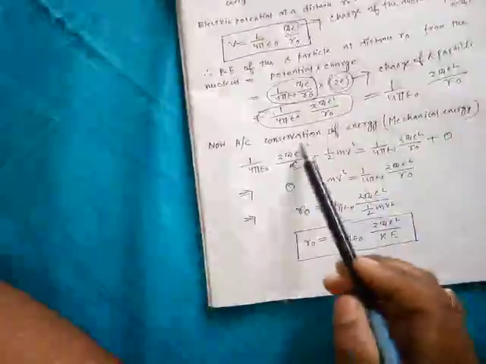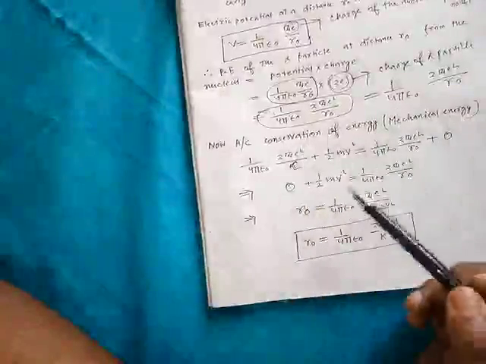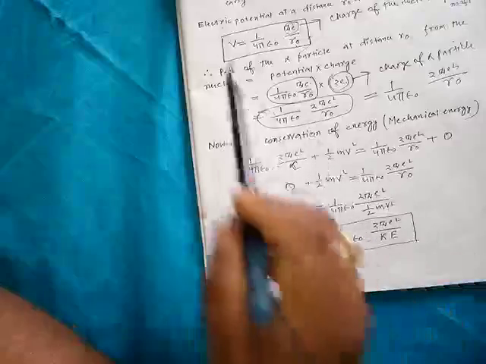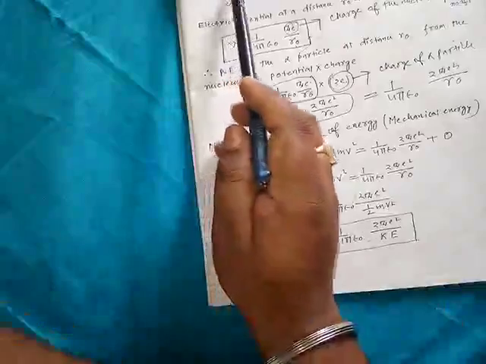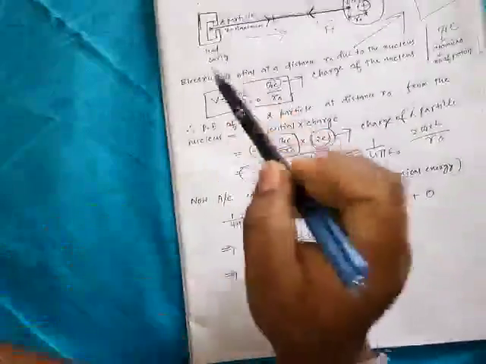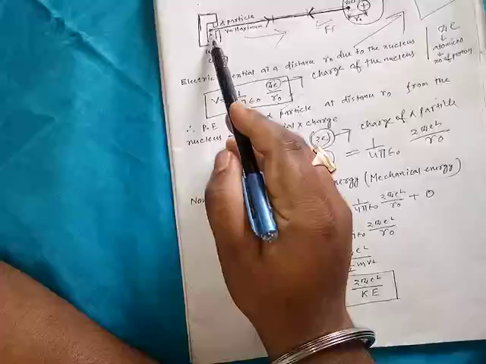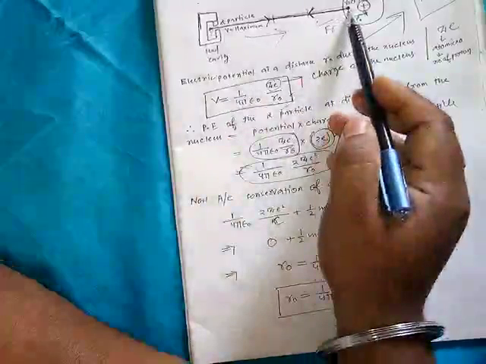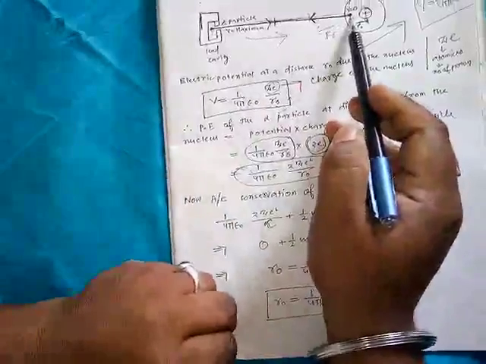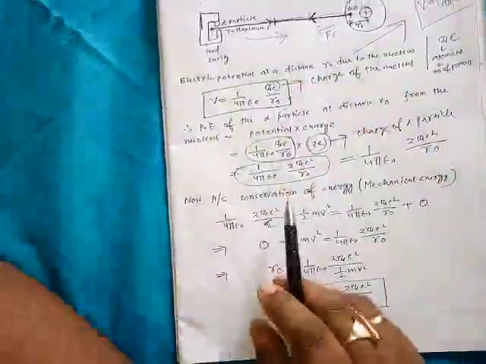Now, according to conservation of energy, here we will consider the mechanical energy. What will happen? The sum of the kinetic energy and potential energy of the alpha particle at this point should be equal to the sum of the kinetic energy and potential energy of the alpha particle at this point, according to conservation of energy.